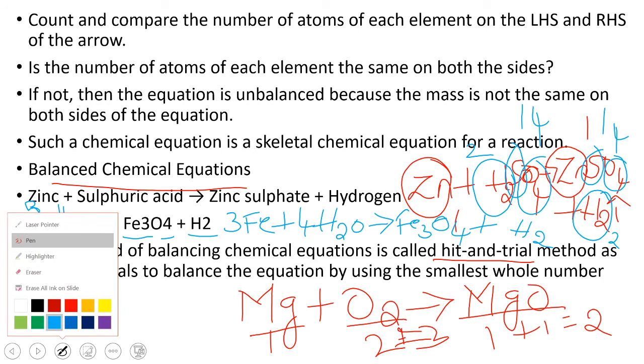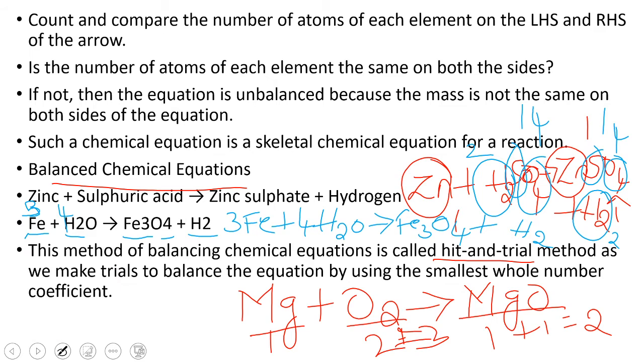This is the equation which I wrote. So now iron got balanced because on the product side we have 3 iron and on the reactant side also 3 iron. Even oxygen is balanced, here 4 oxygens are there, here also 4 oxygens. But one thing, hydrogen did not get balanced.